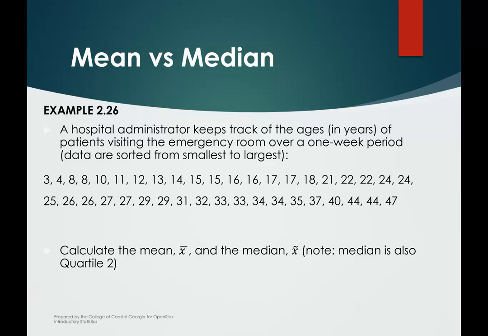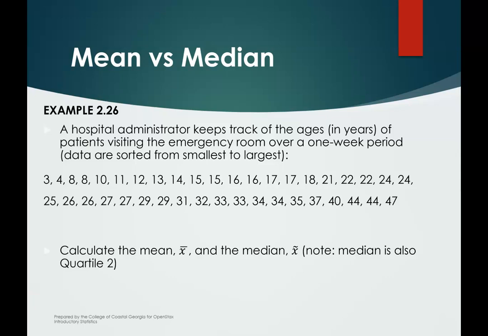So here's an example, 2.26. A hospital administrator keeps track of the ages in years of patients visiting the emergency room over a 1-week period. The data are sorted from smallest to largest.